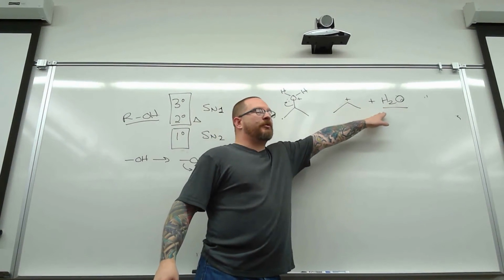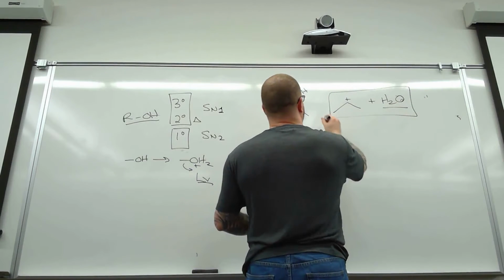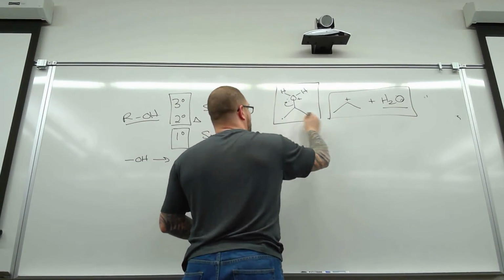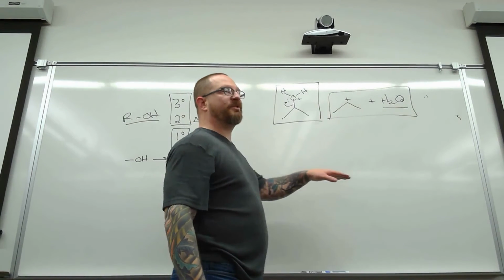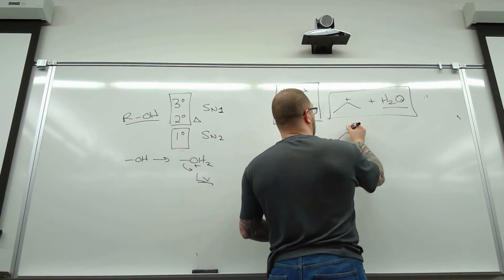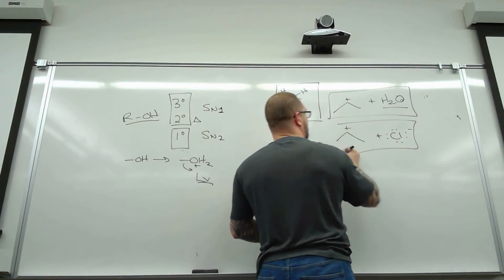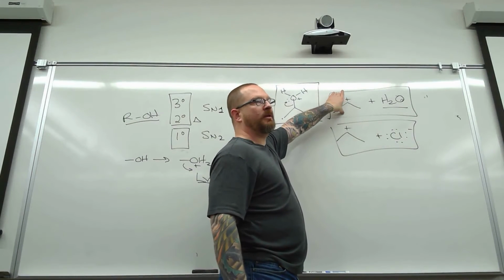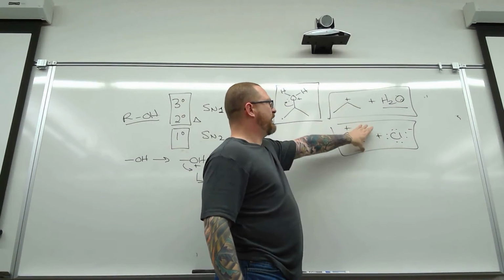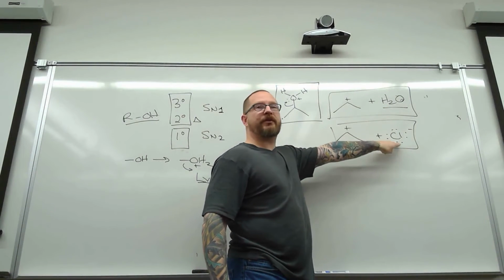Because this is such a great leaving group, the combination of stability of these as the products versus the stability of this as the reactant is what's important. So even though this is less stable, this as a pair, as a system, is more stable than this as a system, because this is so much more stable than this.